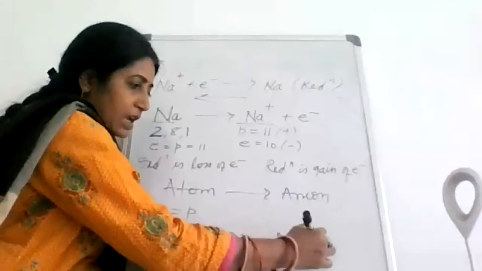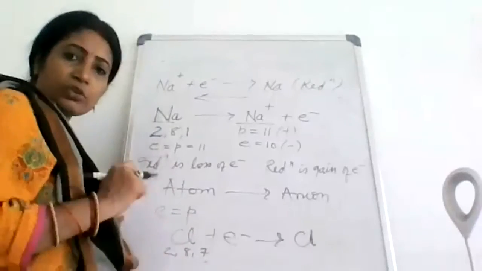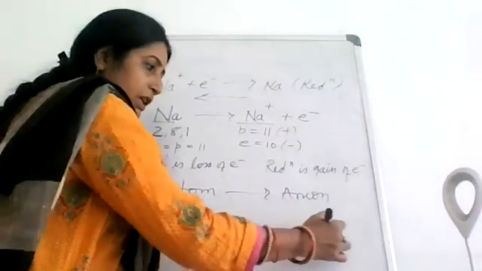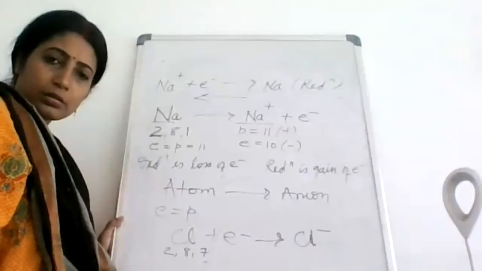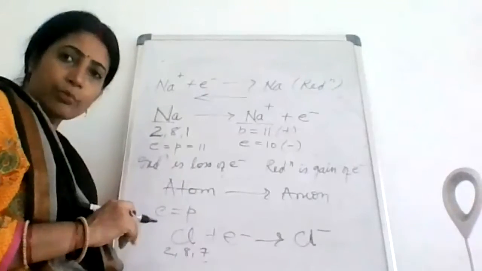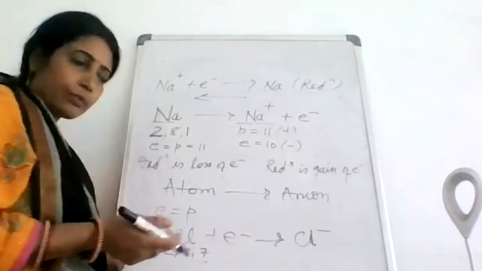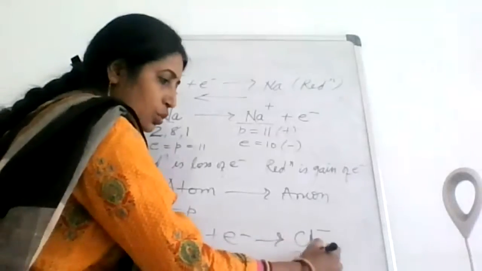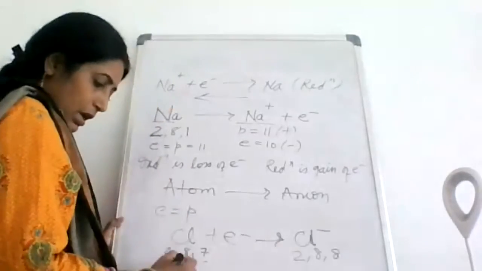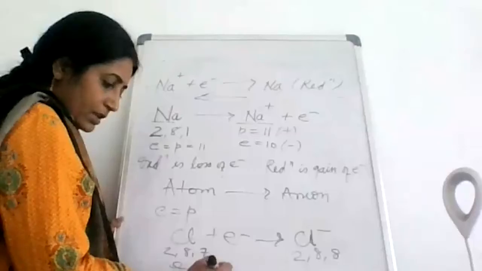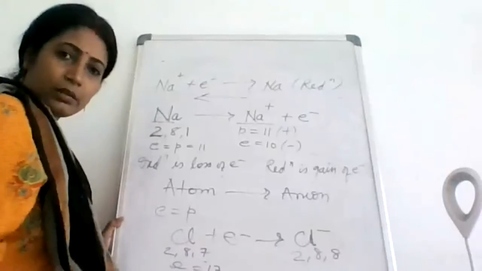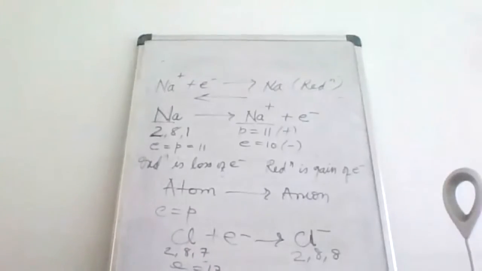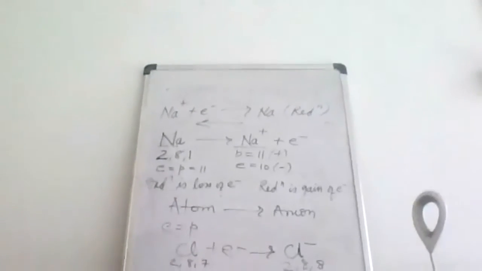तो अब ये क्या बन जाएगा? जब ये एक इलेक्ट्रॉन गेन कर लिया तो ये बन गया माइनस. क्यों बना माइनस? Now it is 2,8,8.